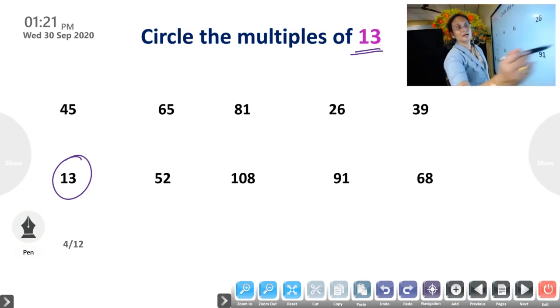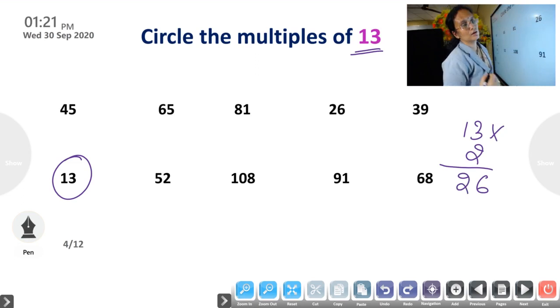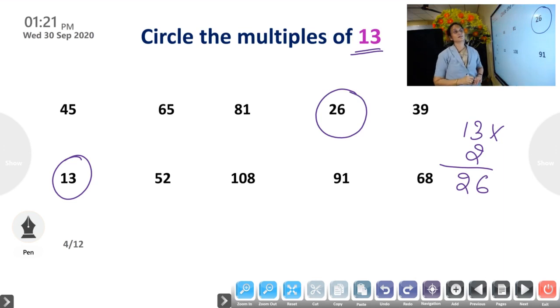Just multiply 13 into 2. Okay, so you are getting 26. Now is the number 26 in these given numbers? You can see that 26 is here, isn't it? So circle that.